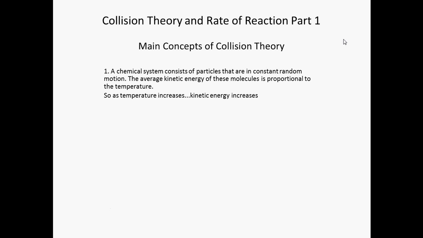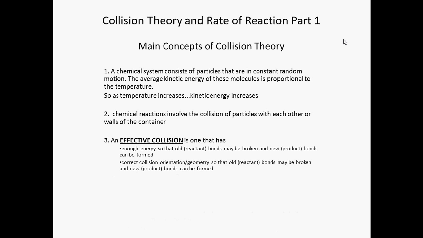So once again, as temperature goes up, kinetic energy also goes up. Second point, for chemical reactions to occur, there have to be collisions. And those collisions can be between particles, or it could be with the walls of the container that is holding those particles. Now, not all collisions are effective collisions. An effective collision has certain characteristics.